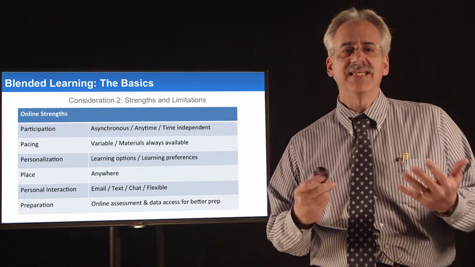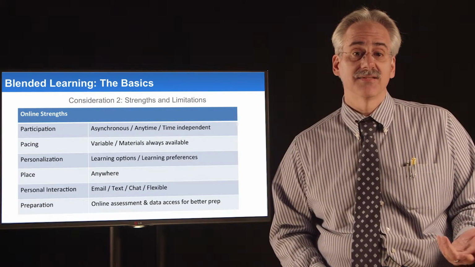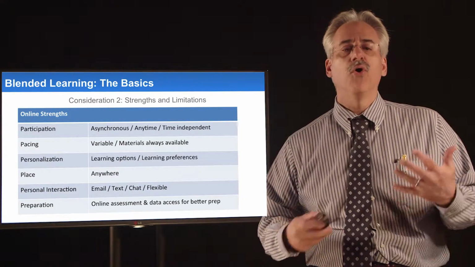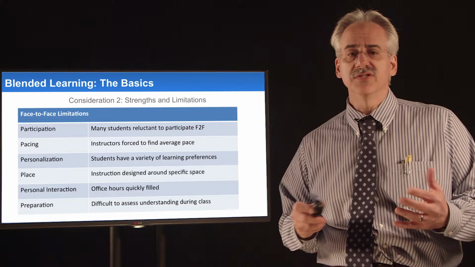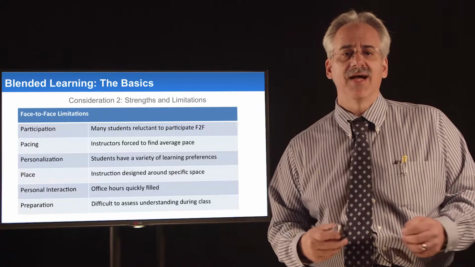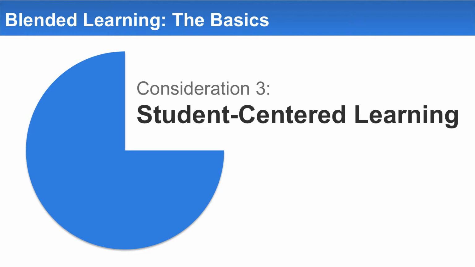Where does it make things easier for you? Where can it handle repetitive tasks? Where can things be more automated? And also, consider some of the limitations of teaching face-to-face through those same 6 lenses. Where are you now limited? Can using technology help allow to get more out of your face-to-face class time?